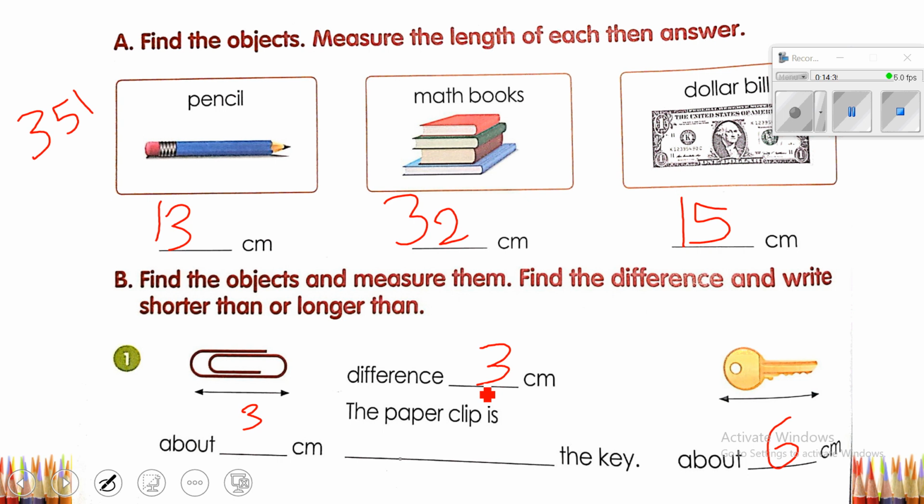Excellent, it's shorter. So the paper clip is 3 centimeters shorter than the key. So here you have to find objects, measure them, then compare to find the difference and see which one is shorter and which one is longer.